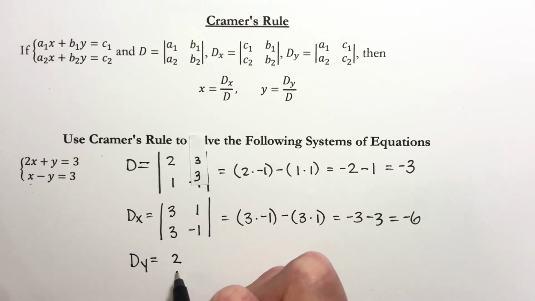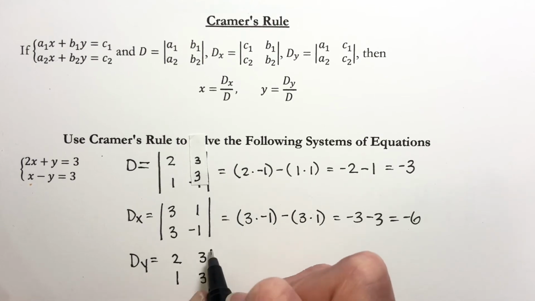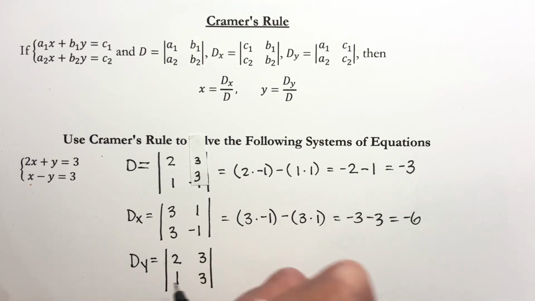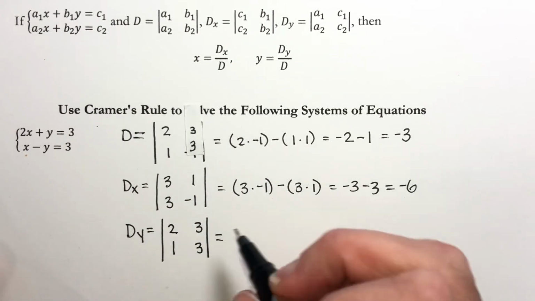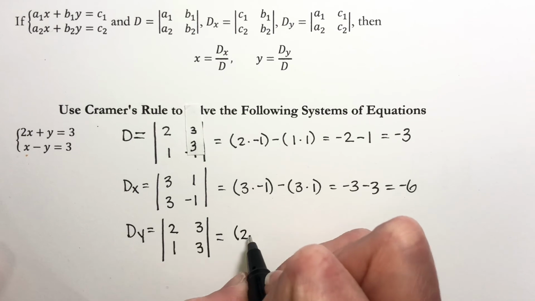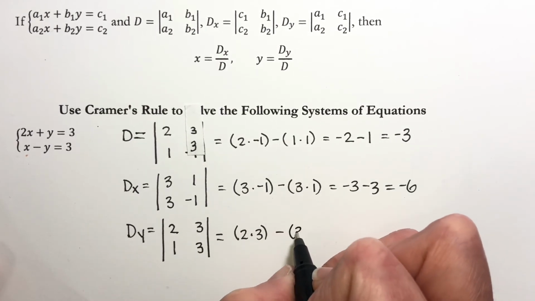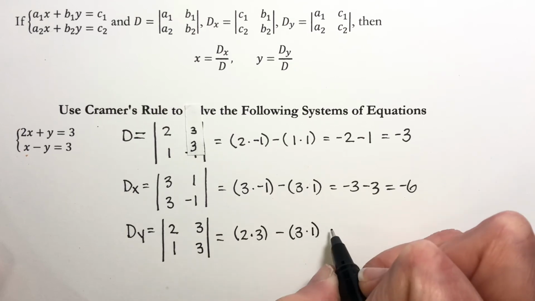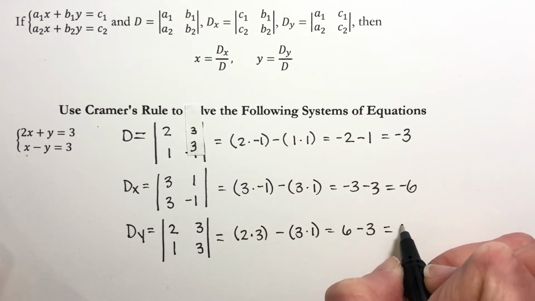My x's are the same, 2 and 1, and then I have 3 and 3. Multiply 2 times 3 minus 3 times 1. This gives me 6 minus 3, which is equal to 3.